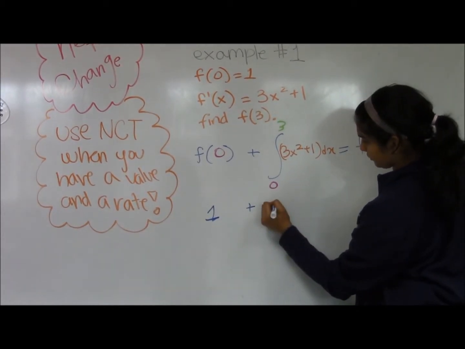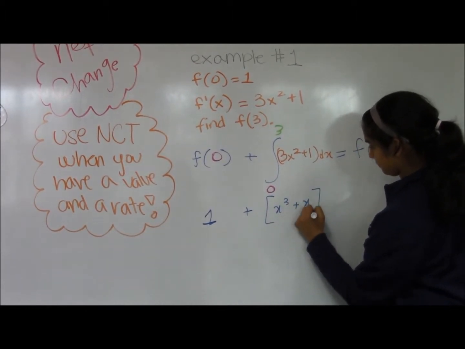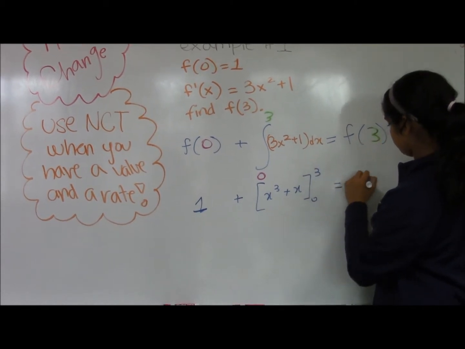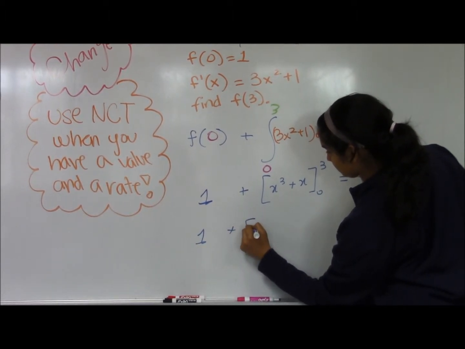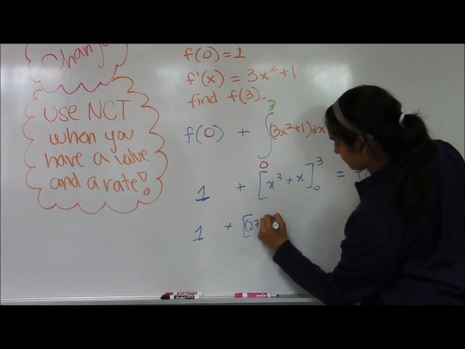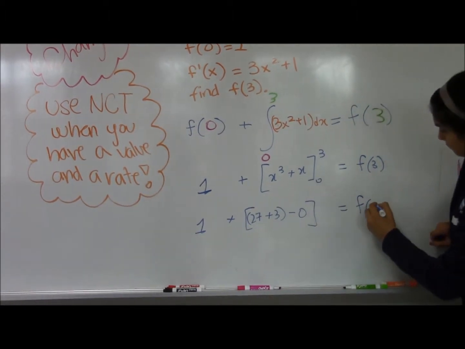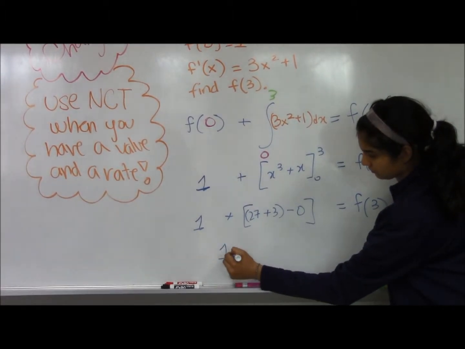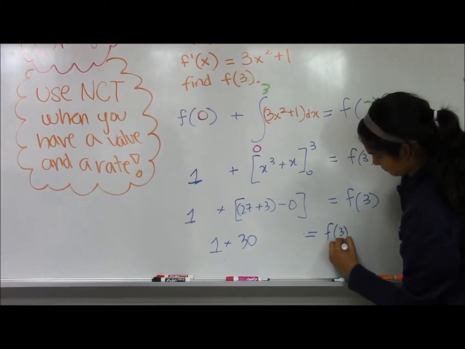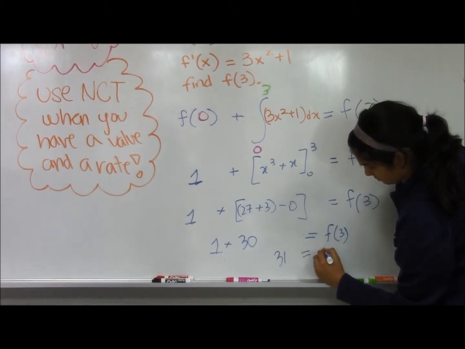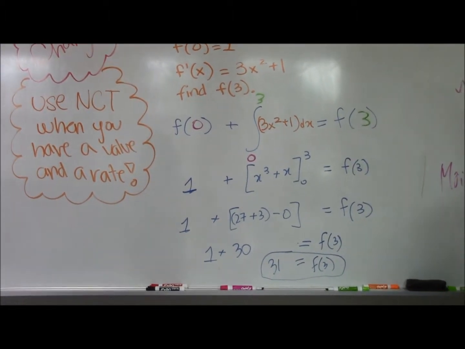And then you just do that. And you finally got your answer, 31 equals f of 3.